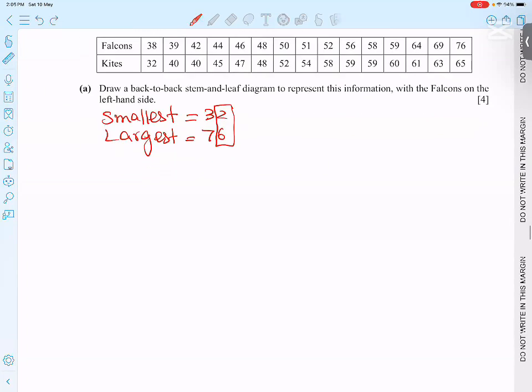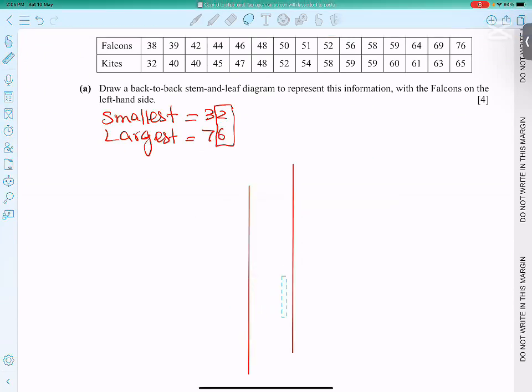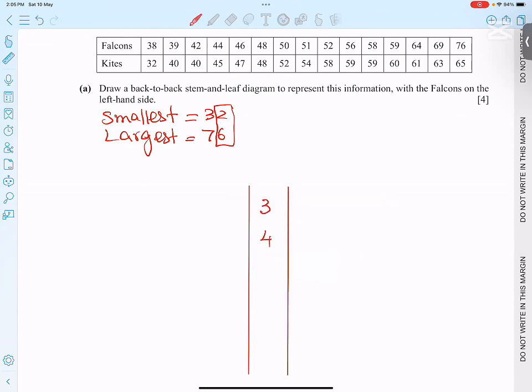So let's start. And he mentioned that falcons are on the left hand side. So 3, 4, 5, 6, and 7.